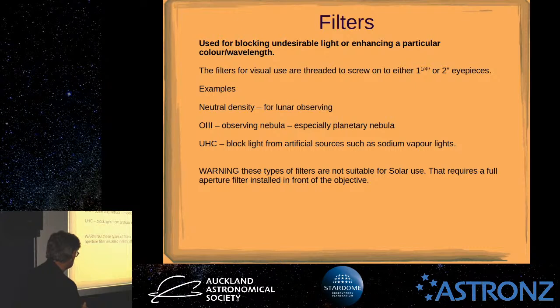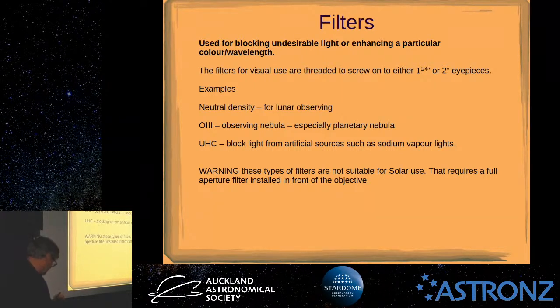And there are other ones that are used visually. There's these ones here called an O3 filter, as an example of what's called a narrowband filter. The neutral density one blocks all the different colours about the same amount, whereas the O3 filter is looking at a particular spectral line of the oxygen atom.